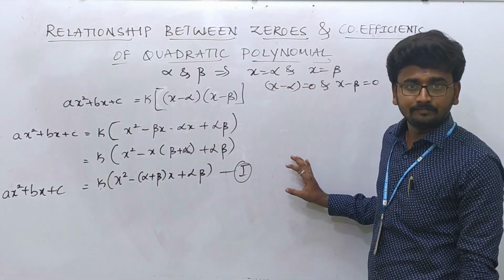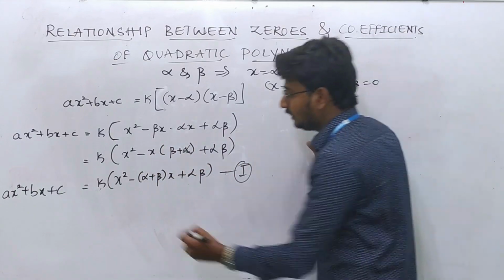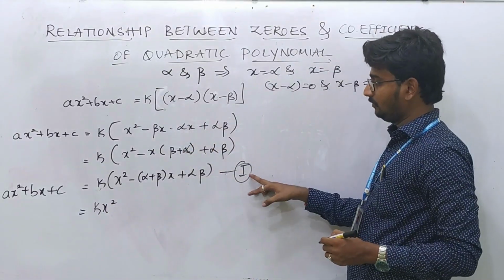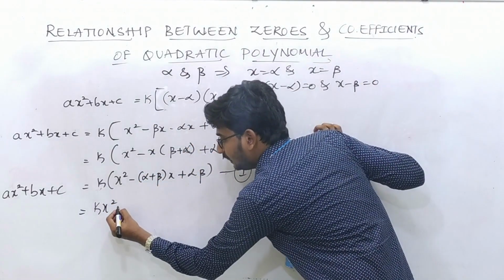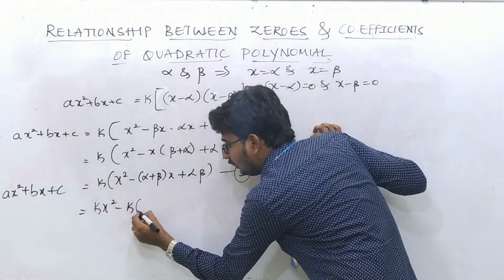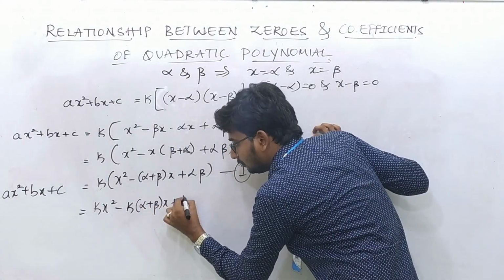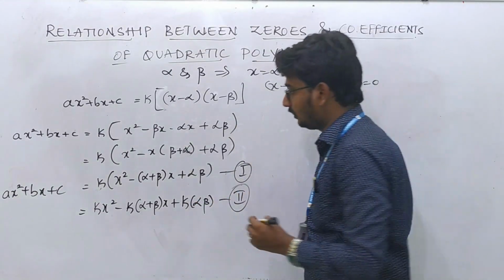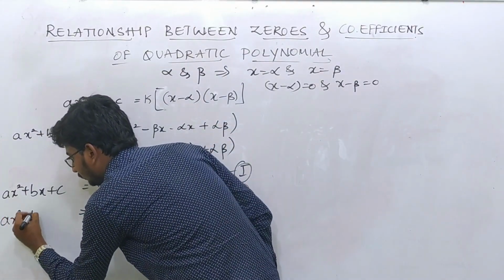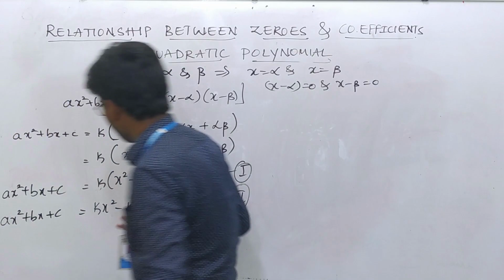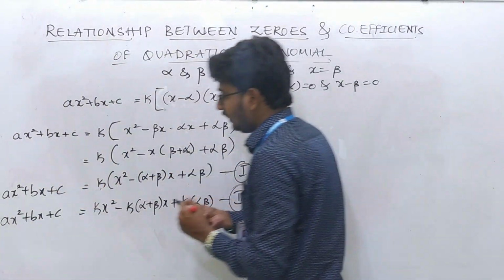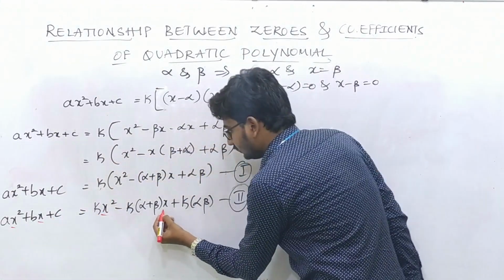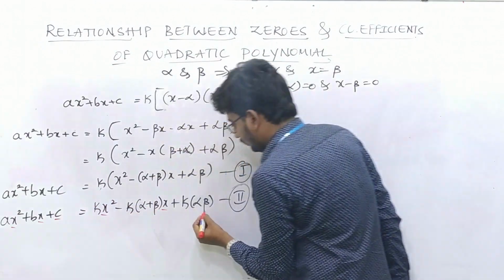Now I can compare the coefficients. The constant k multiplies the bracket term: kx square minus k into alpha plus beta of x plus k into alpha beta. Take it as Roman number 2. The LHS part again is ax square plus bx plus c. If you compare LHS and RHS, we have certain x square terms, certain x terms, and a constant.